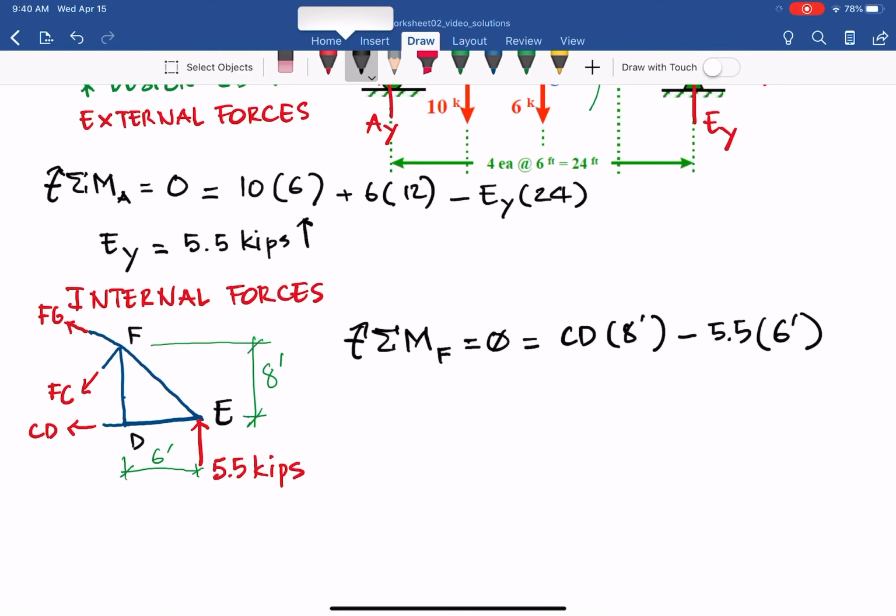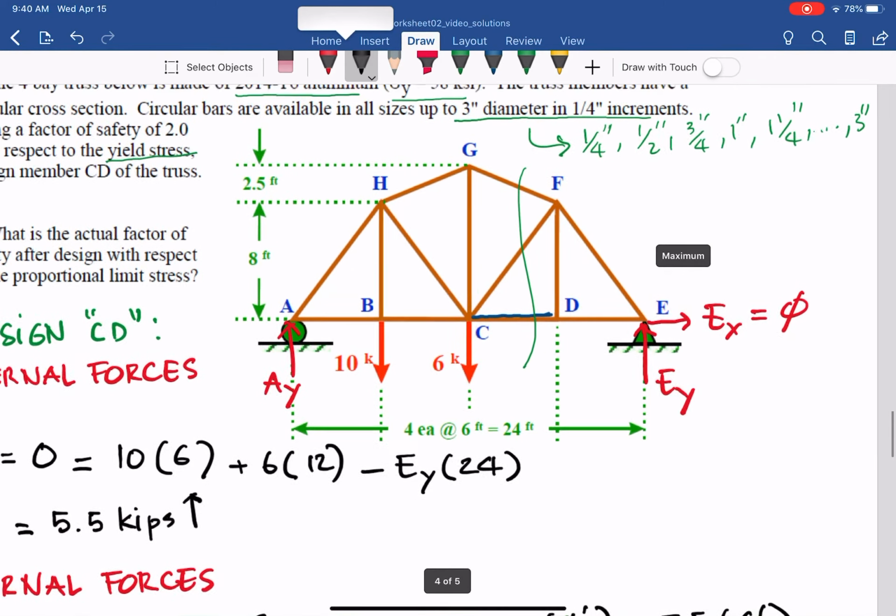From that we get the internal force of member CD as 4.125 kips, and if positive, it means the member is in tension, T, which makes sense, as you can see with the load here.